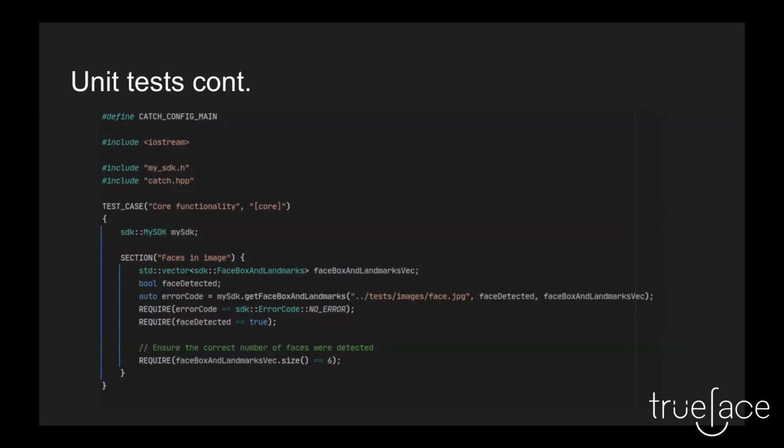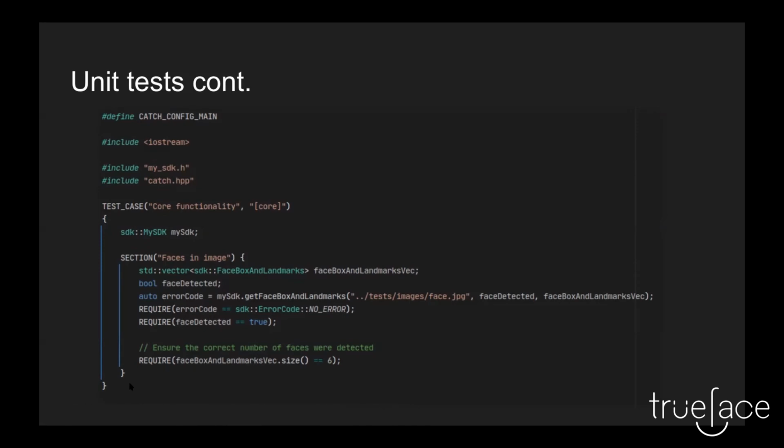So in our example here, we only have one section written, just because that's all I could fit on the screen. But if we had a second section in our test case, then we would know that we are restarting with a fresh MySDK object, because even if the second section is after the first section, it's basically restarting from the start and then going to the second section. That's just how it works.